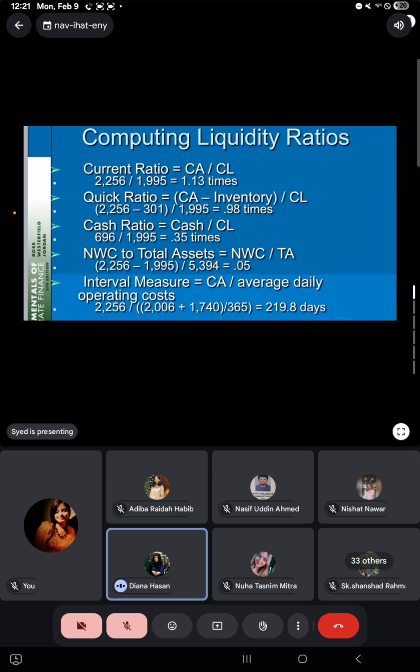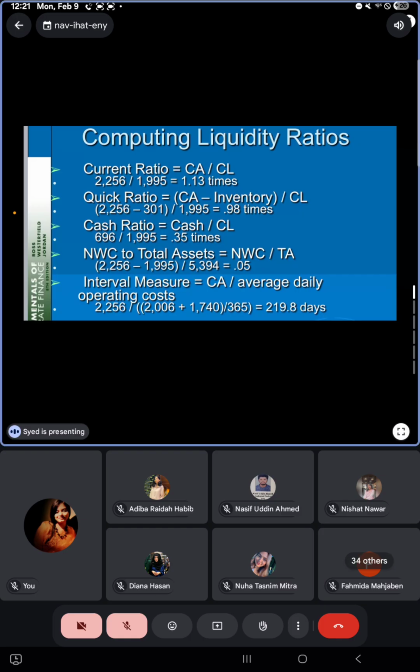Per day count, right. A year is made up of 365 days, right? So if you add up the cost and divide it by 365 days, that would give you the daily operating cost. But if the reporting is for a quarter, then the denominator would be 90 because 3 months makes a quarter.